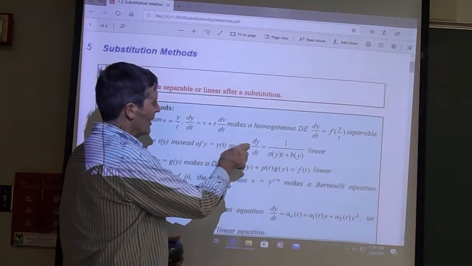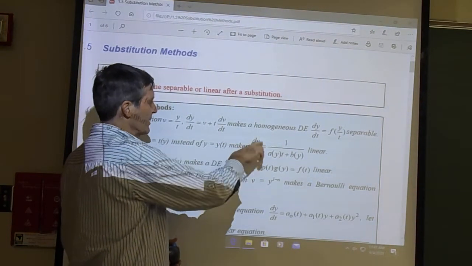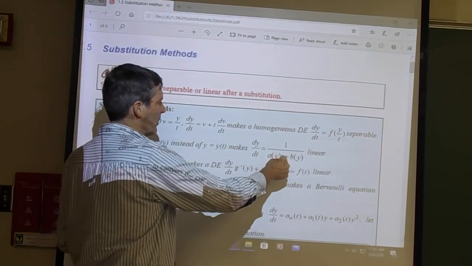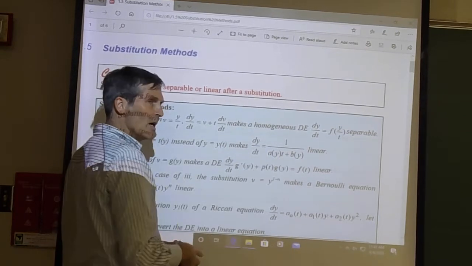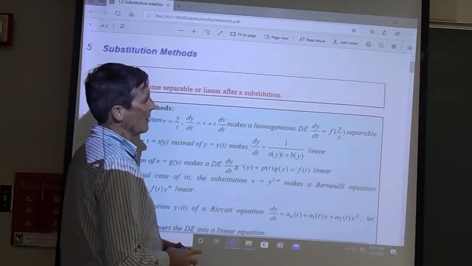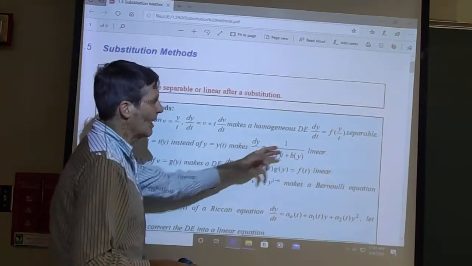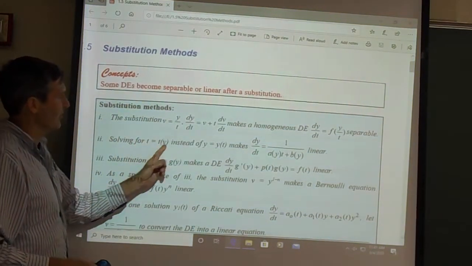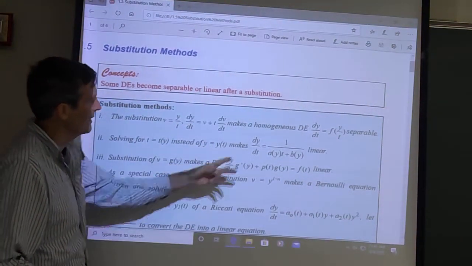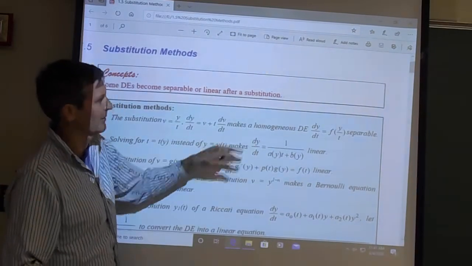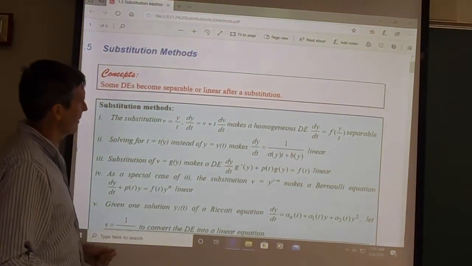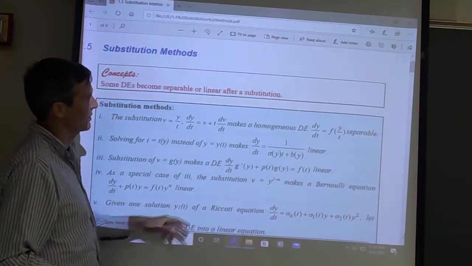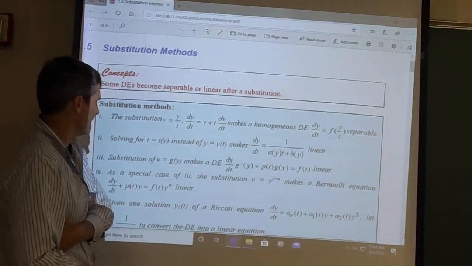But if you take the reciprocal of each side, dt/dy equals a of y times t plus b of y, recognize that's a linear equation for t as a function of y. So you can solve for t as a function of y instead of y as a function of t if you just take the reciprocal of each side. So that's another kind of equation. You can sometimes get a linear equation by taking the reciprocal of the given equation.